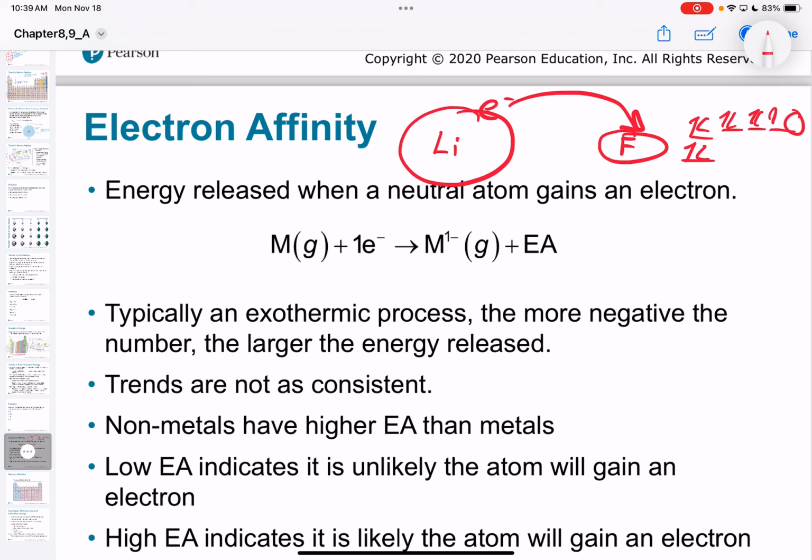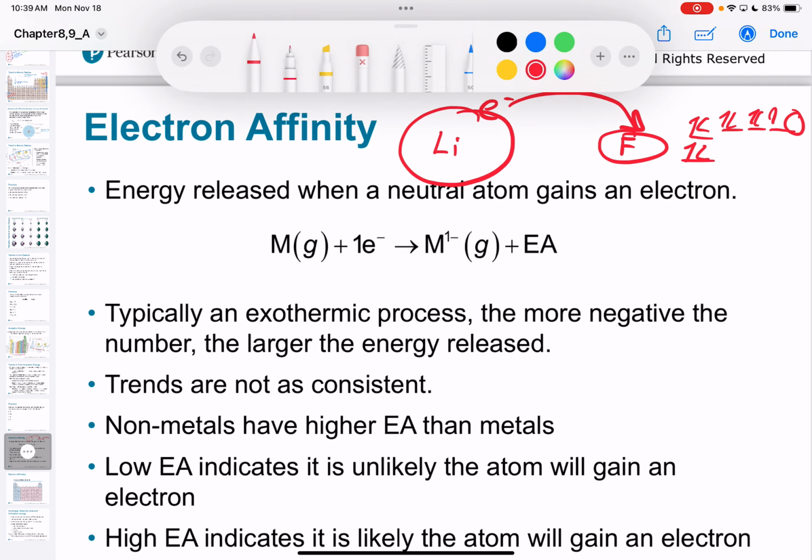This is why metals will lose electrons to nonmetals, because the nonmetals are smaller, and therefore they can be closer to the nucleus if they move over there. So we move our electron, it joins in here, and we're left with lithium plus and F minus because it attracted that electron.